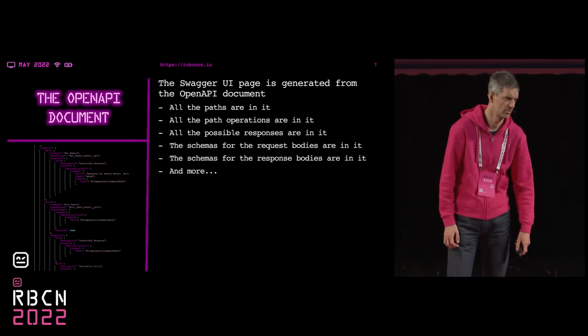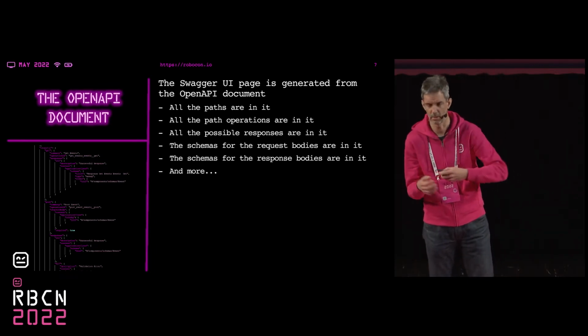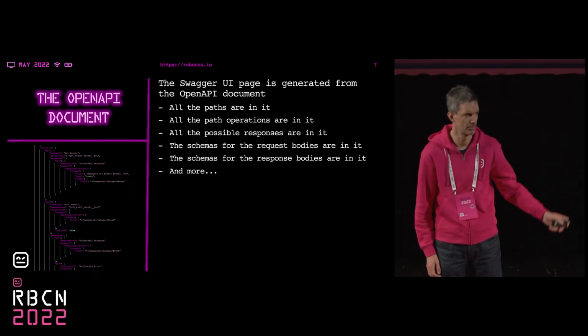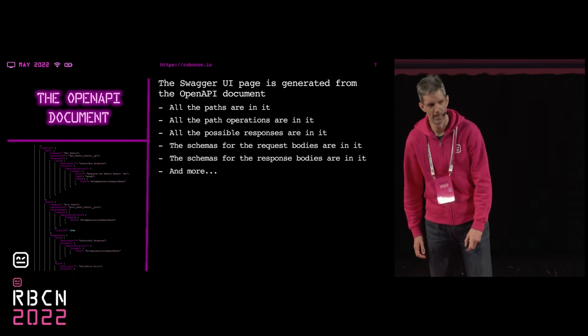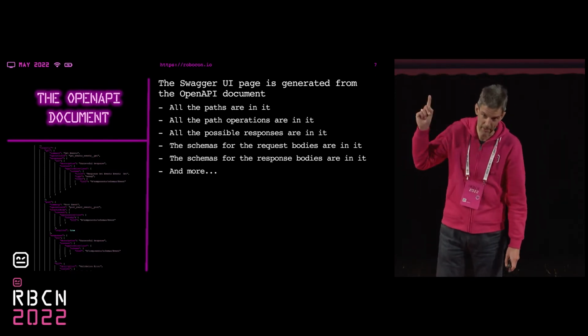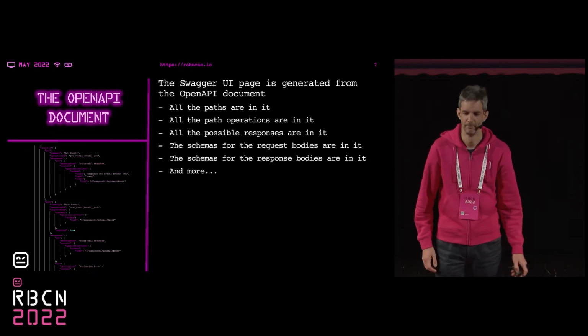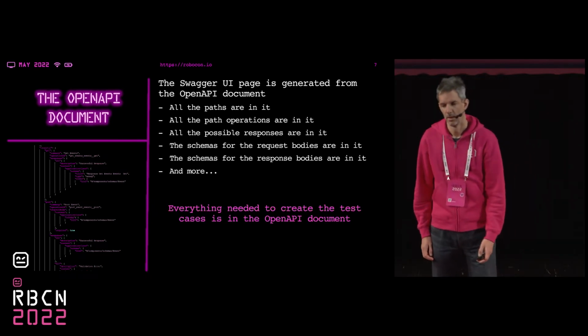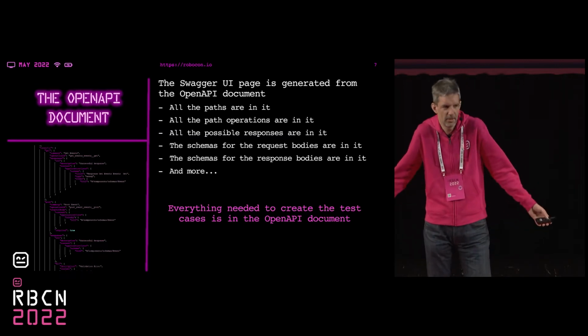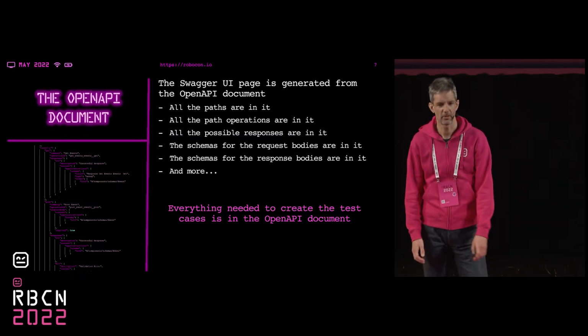And then there's additional information like servers, security, examples. Everything about that API is in that file that you probably have access to. So we can test it. Everything is there for our test cases.